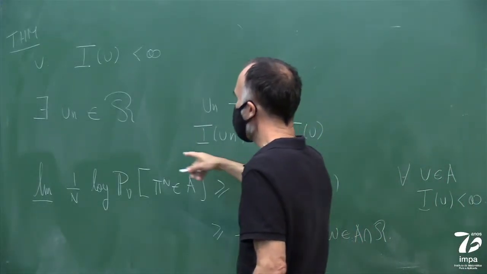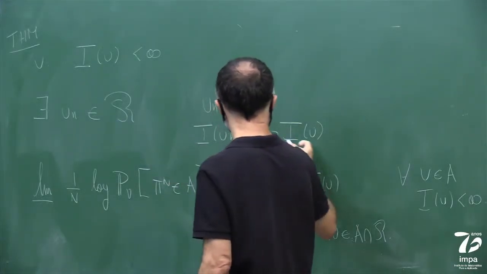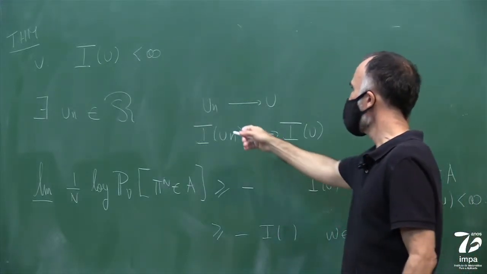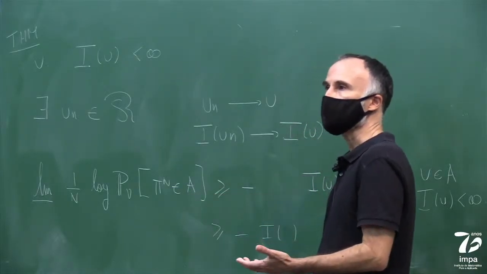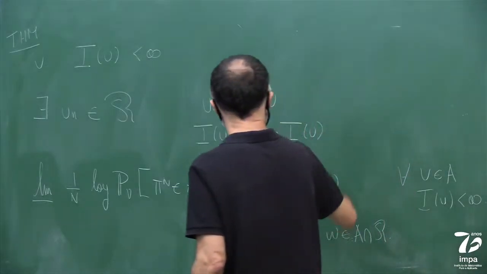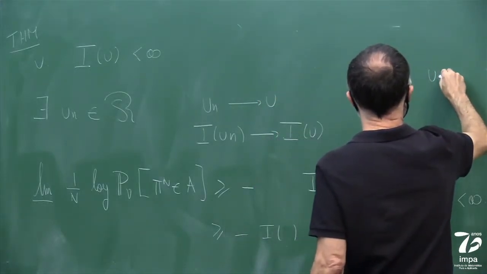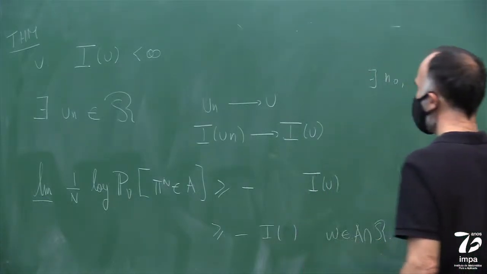From this theorem, I know that there is a sequence un which converges to u and such that I of un converges to I of u. Since un converges to u and A is an open set, this means that there exists n sufficiently large for which un belongs to A if n is larger than n0.